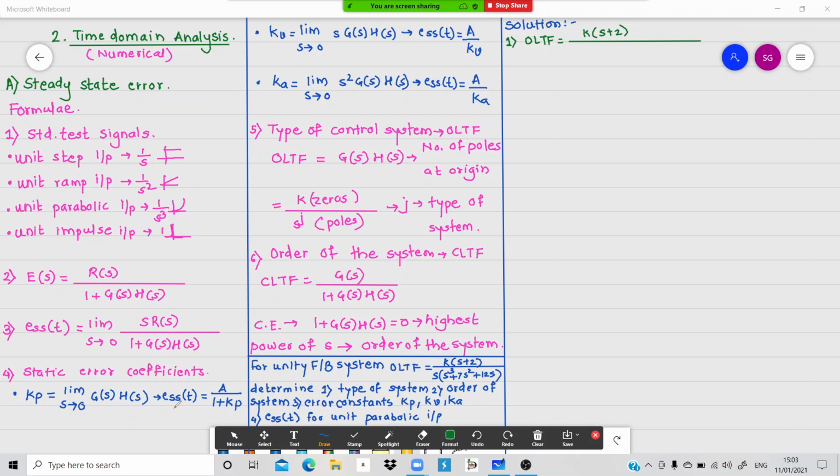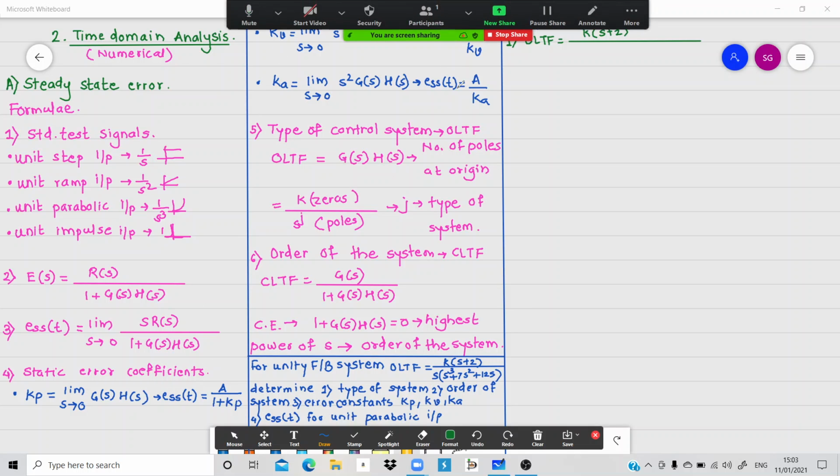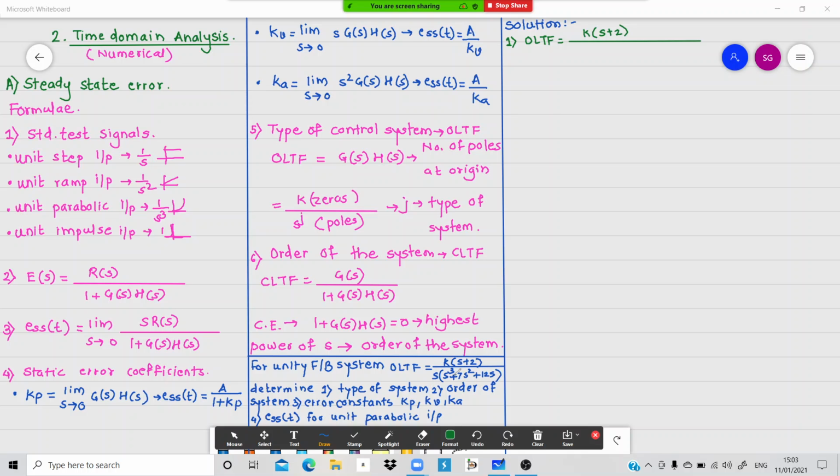Find out the coefficient and find out the error for that particular input that is given, right? Nothing else. Only the transfer function will change and the type of the system will change. Based on that, the coefficients will change and the error is going to change.